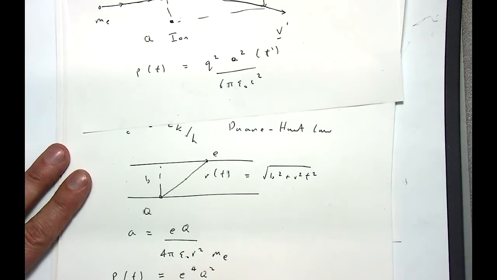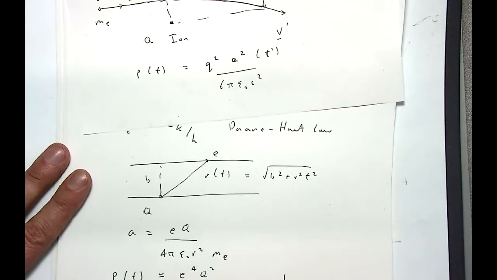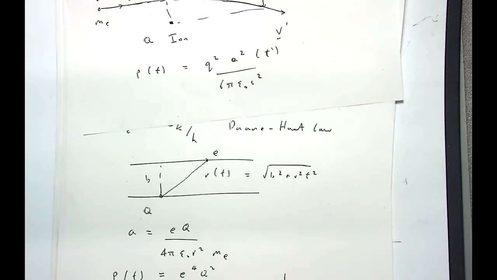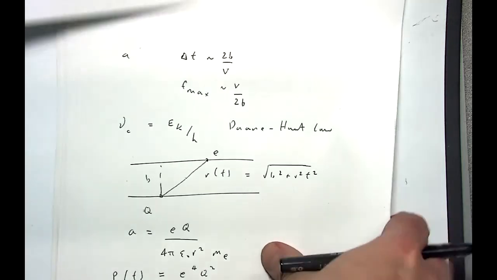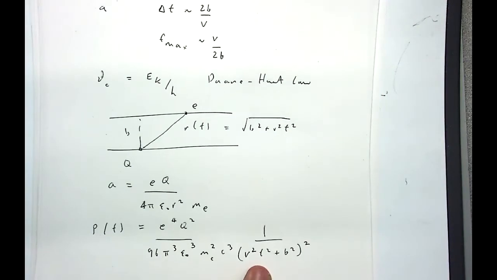And then there's also another factor, 1 over (v squared t squared plus b squared) squared. That's the distance of the electron from the ion.